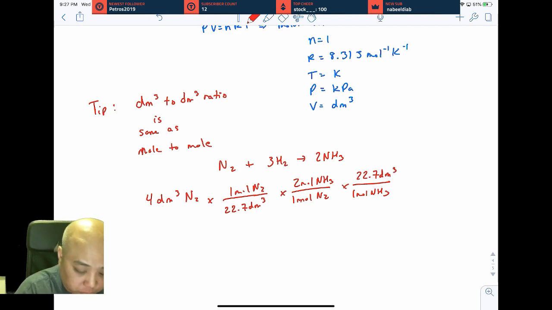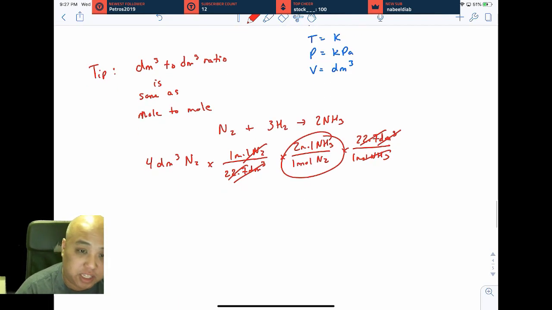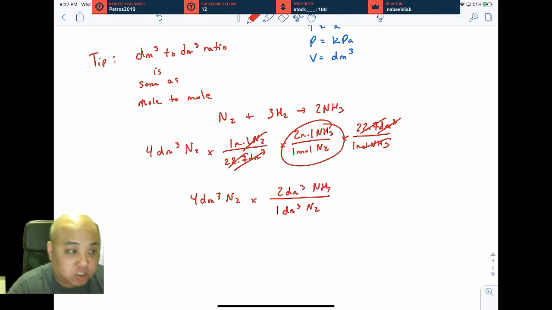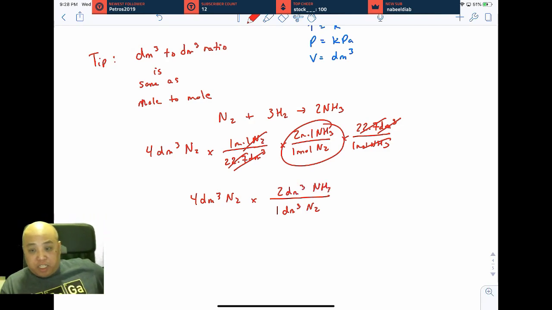Well, what happens is it just all cancels out anyways. So all you're left with is the mole to mole ratio. So you can literally just write 4 decimeters cubed of N2, and the ratio is 1 decimeter cubed of N2 is the same as 2 decimeters cubed of NH3, and save yourself a little bit of calculations there.